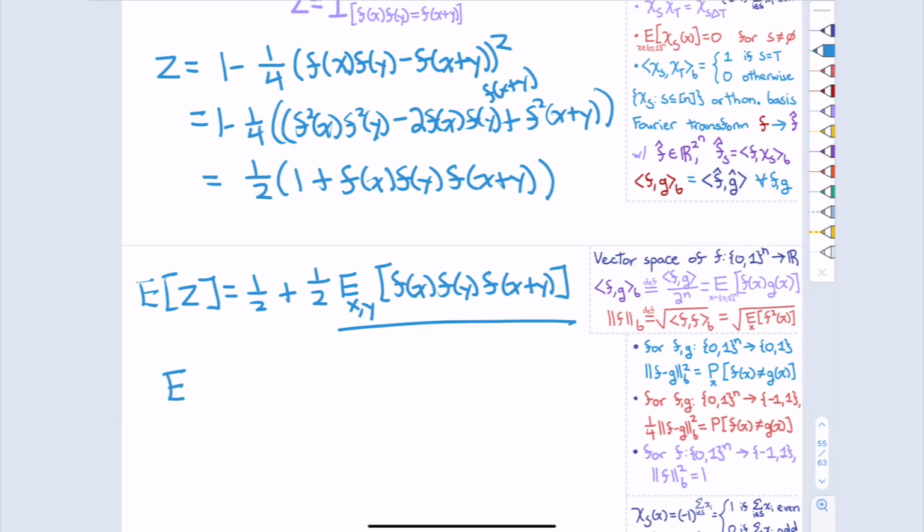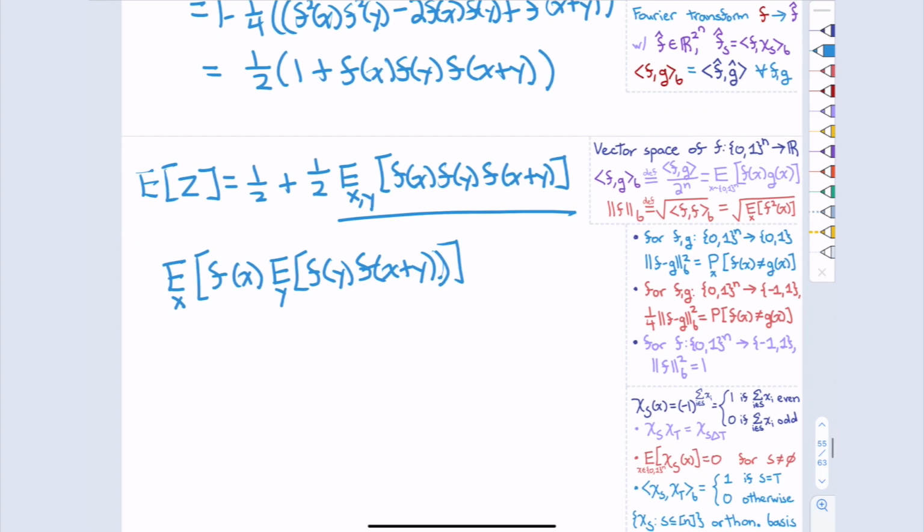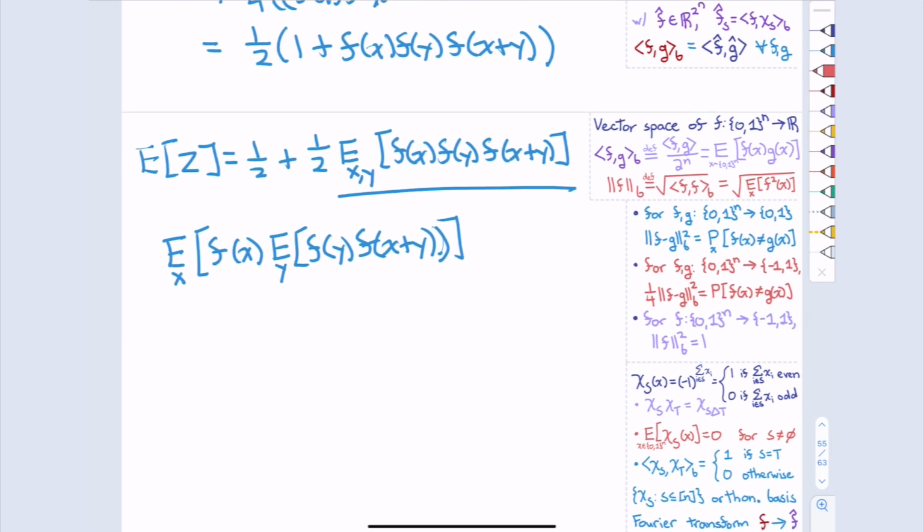So I'm going to break this out into 2 stages. All right, and here's what we'll do. We're going to define this function h of x to be equal to the expected value over all random y. This is called a convolution. People who do this kind of analysis use convolutions all the time, but here we're only going to use it once for the rest of your life, but that's okay.